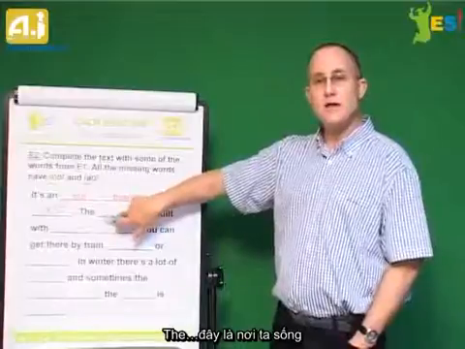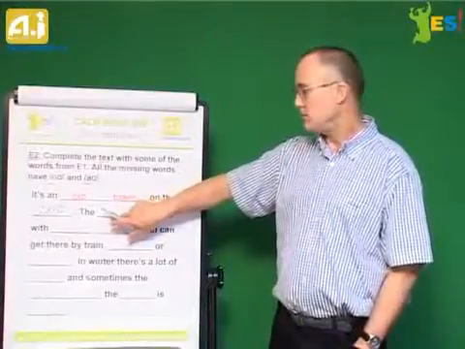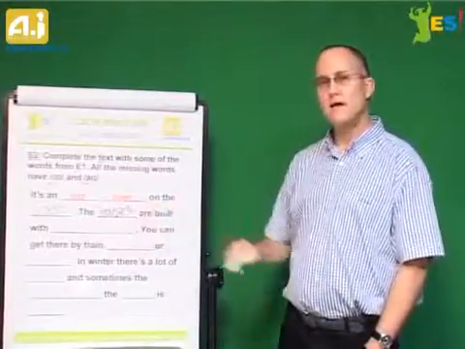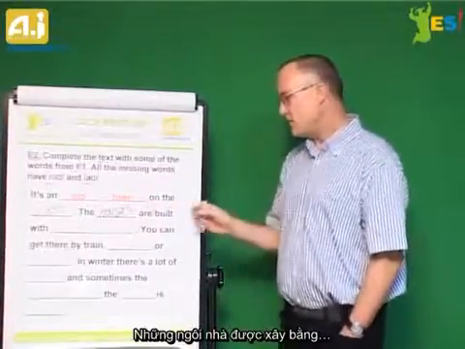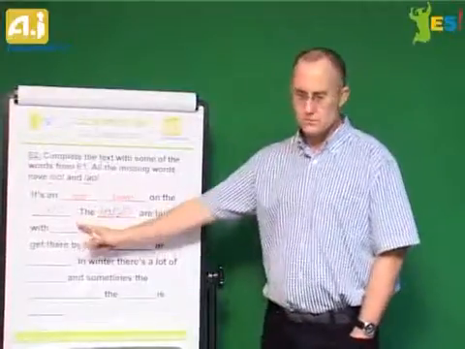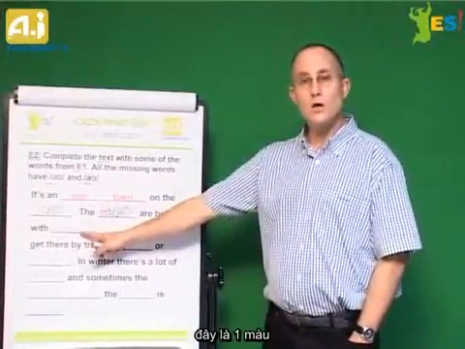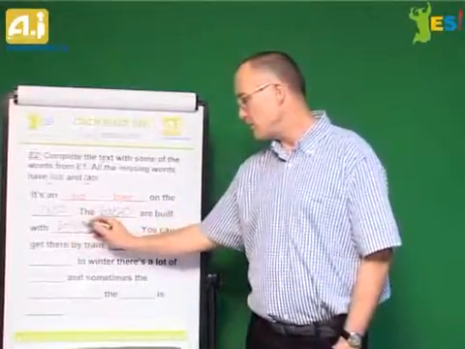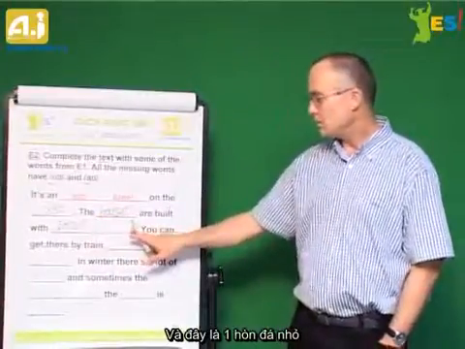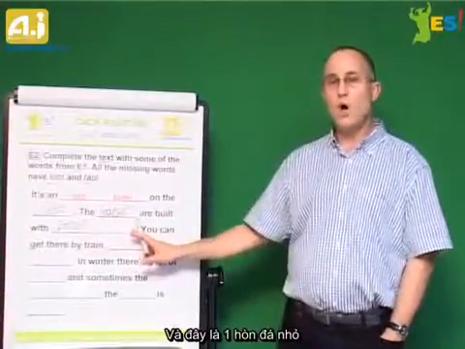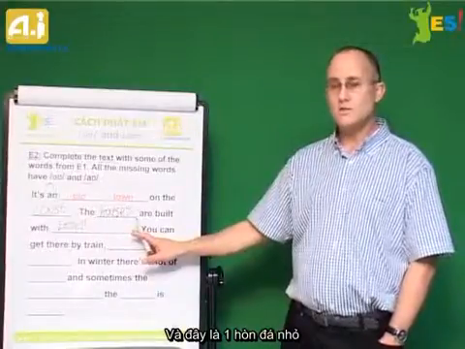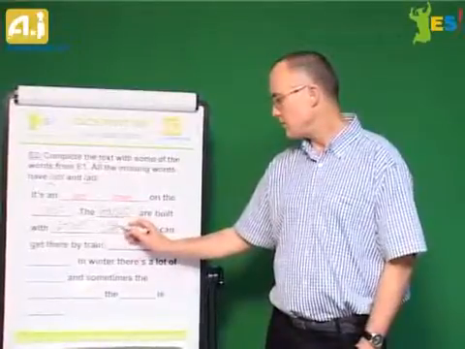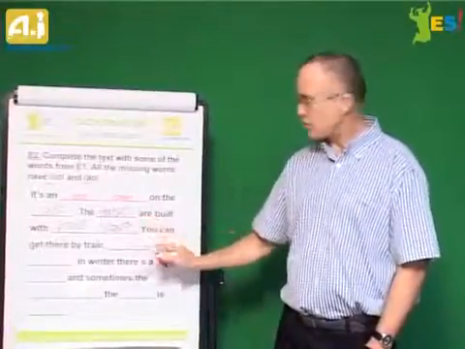This is something that we live in. Yeah, houses. The houses are built with, this is a color. Brown, very good. Brown, and these are small rocks. Stones, or stone, I should say.